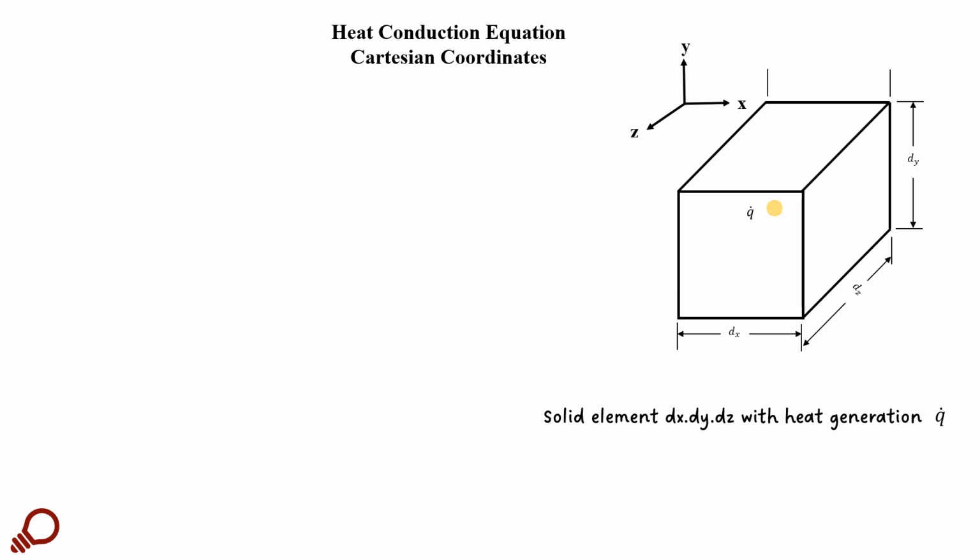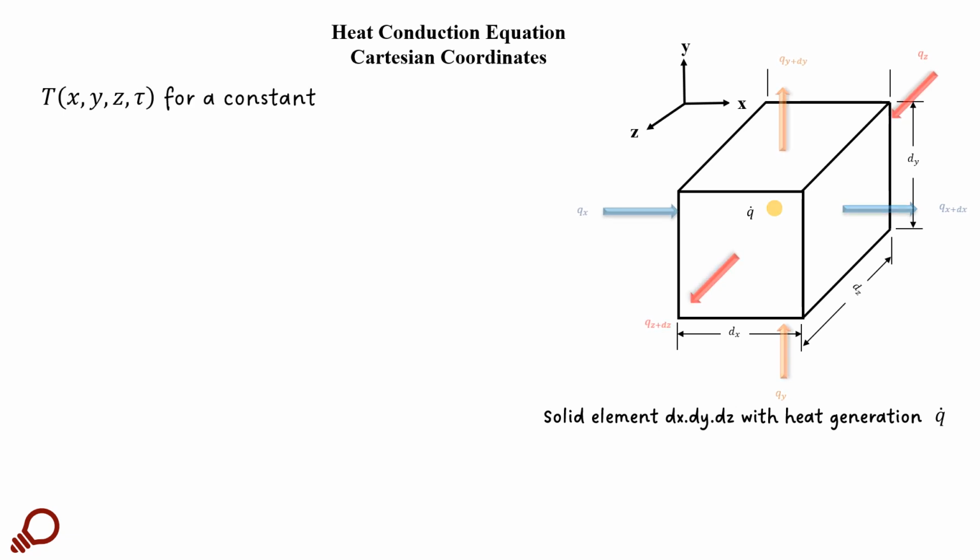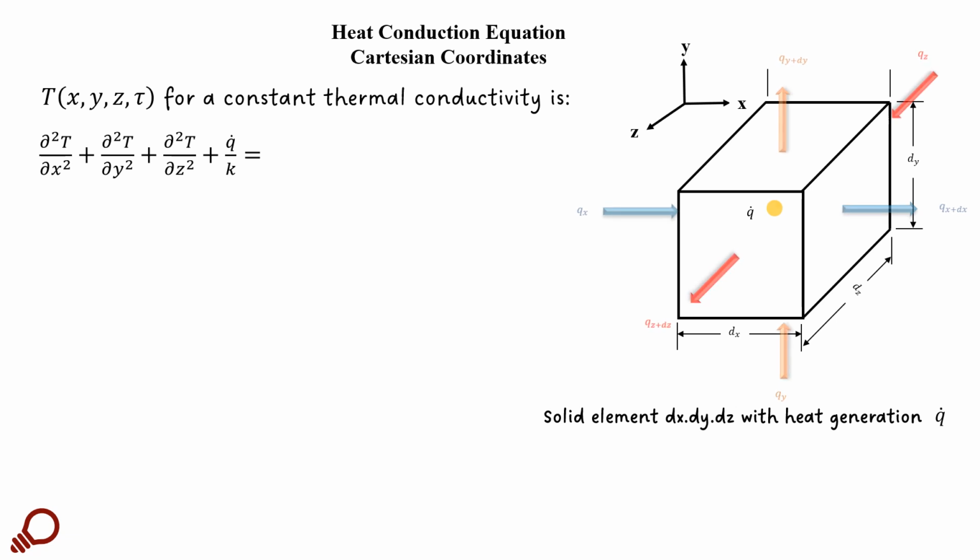The element which has been discussed previously in three dimensions, dx by dy by dz, is exposed to heat transfer in the three directions x, y, and z, and this form of equation has been derived in a previous episode in the form: partial squared T with respect to x squared plus partial squared T with respect to y squared plus partial squared T with respect to z squared plus q dot divided by k equal to 1 by alpha partial T with respect to tau.